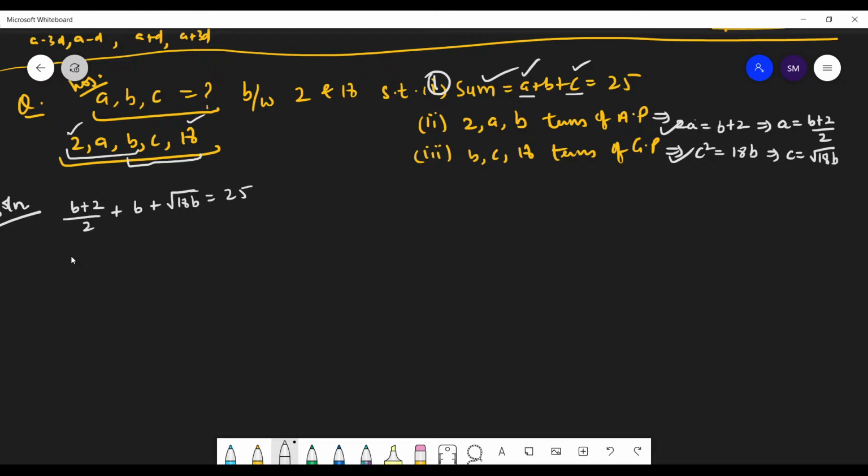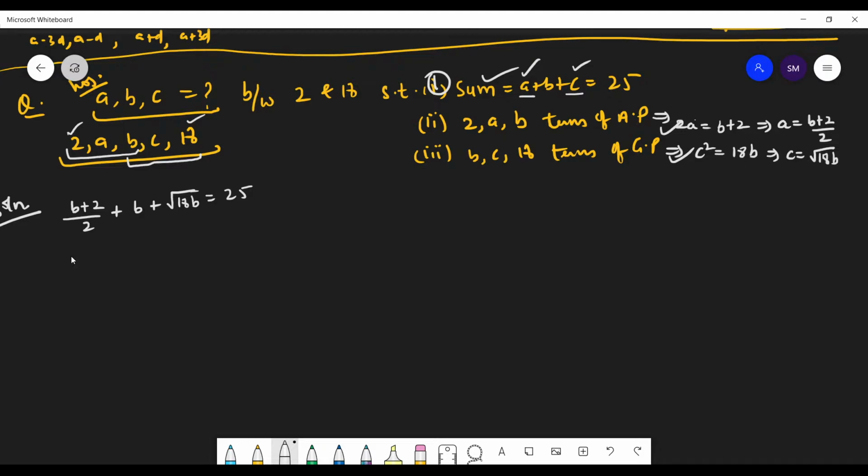So you can multiply this equation with 2. So multiply both sides with 2. So B plus 2 plus 2B plus this is 9 into 2, so 3 root 2. And then 2 will again be multiplied.